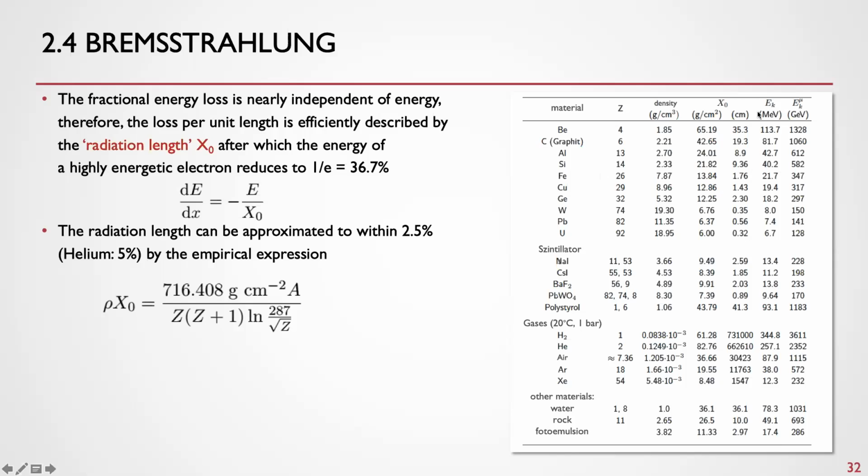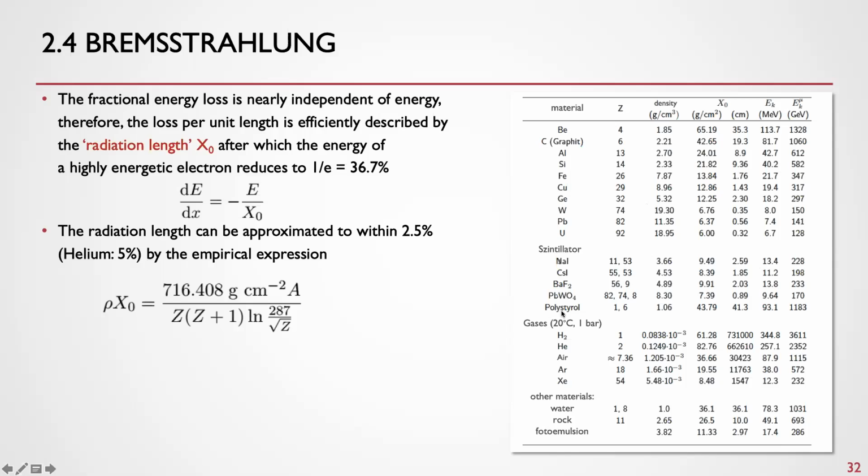The materials given at the top are conventionally used in calorimetry. For example, lead tungstate is the material used in the CMS crystal calorimeter. Iron is used in sampling calorimeters. It's not instrumented, but is used to stop radiation in case it is so desired. Then there are scintillators.